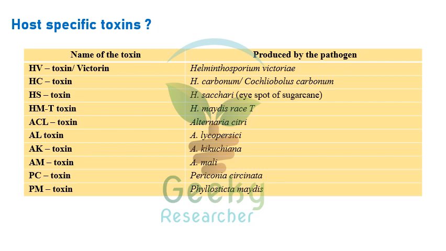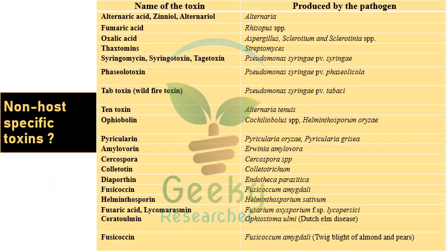The host specific toxins are: HV toxin or victorin produced by Helminthosporium victoriae, HC toxin produced by Helminthosporium carbonum or Cochliobolus carbonum, HS toxin produced by Helminthosporium sacchari, the eyespot of sugarcane, HMT toxin from Helminthosporium maydis race T, ACL toxin from Alternaria citri, AL toxin from Alternaria lycopersici, AK toxin from Alternaria kikuchiana, AM toxin from Alternaria mali, PC toxin from Periconia circinata, and PM toxin from Phyllosticta maydis. These are the various kinds of host specific toxins and the pathogens that produce them.